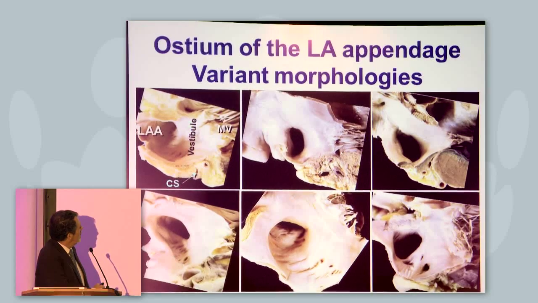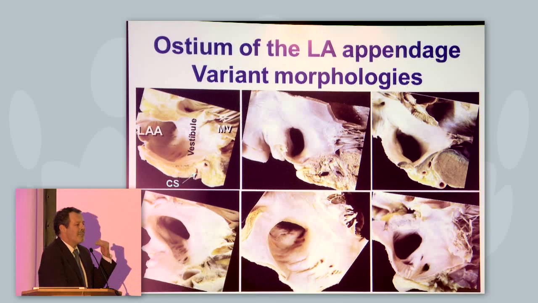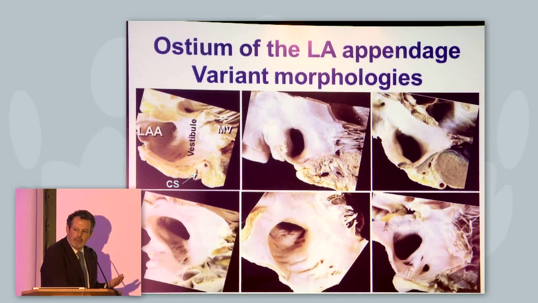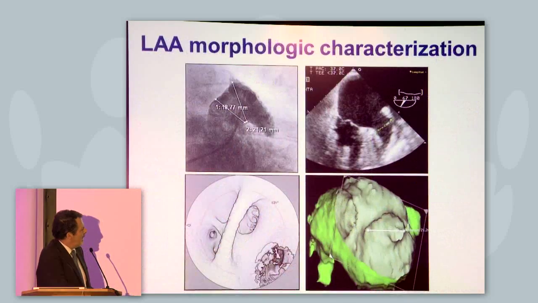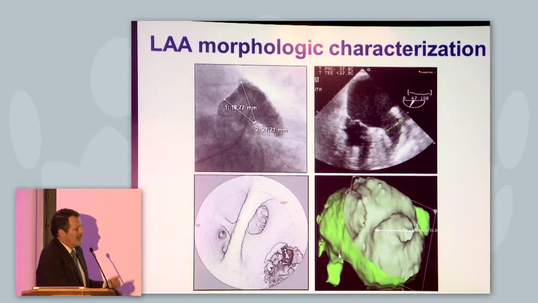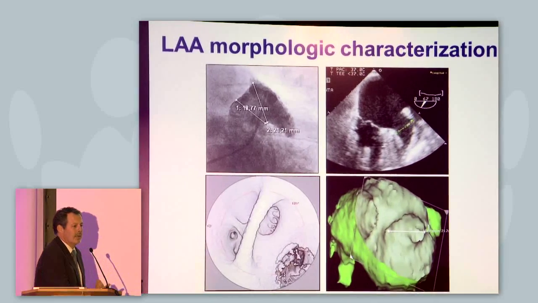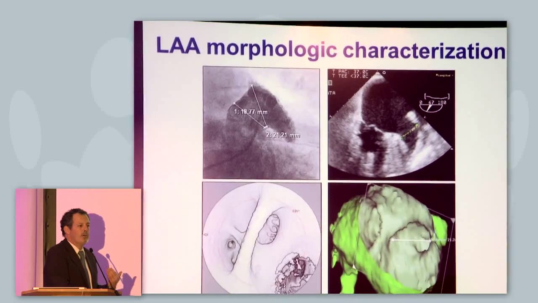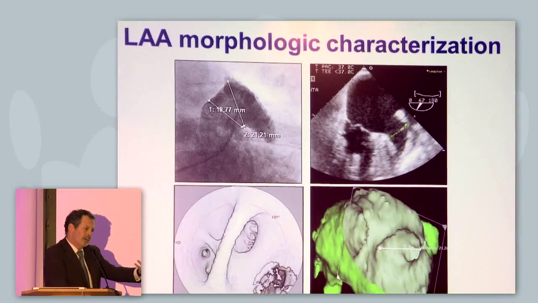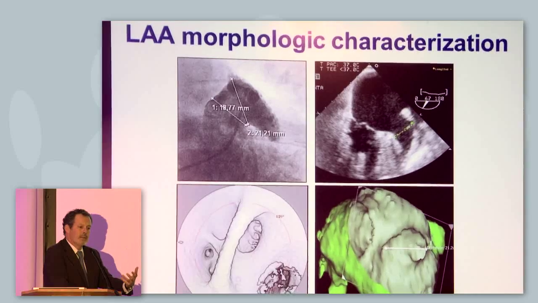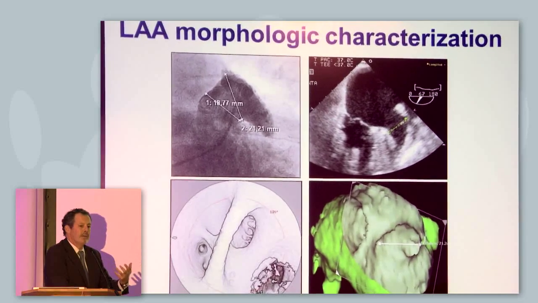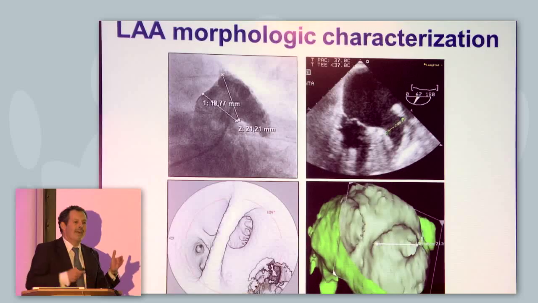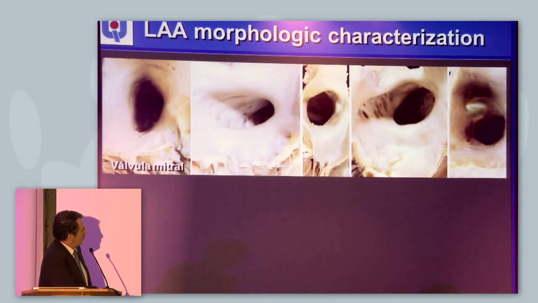And here you can see the variability of the ostium of the left atrial appendage, and the variability of the entrance to the ostium. In this area, you can see that several techniques can help us to identify the ostium, but sometimes even with the heart in our hands, it's not easy to identify the ostium because it's like a vestibule of entrance to this orifice.